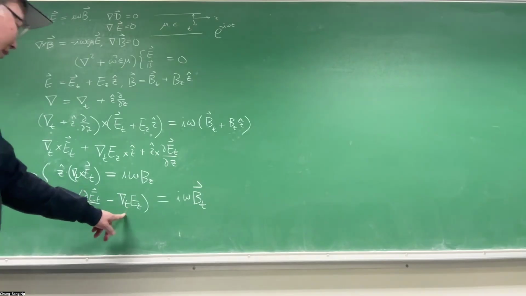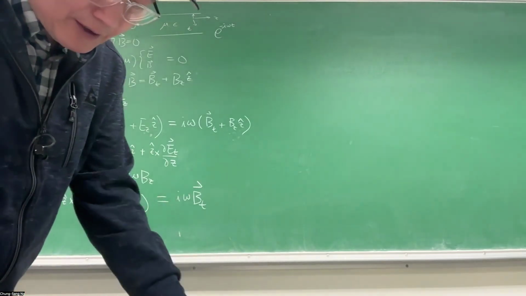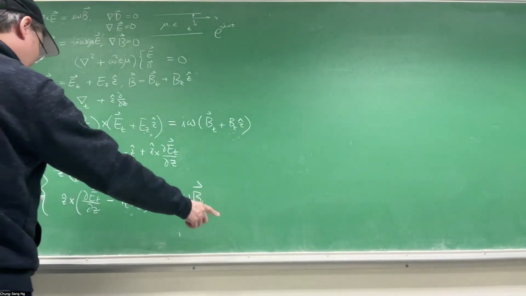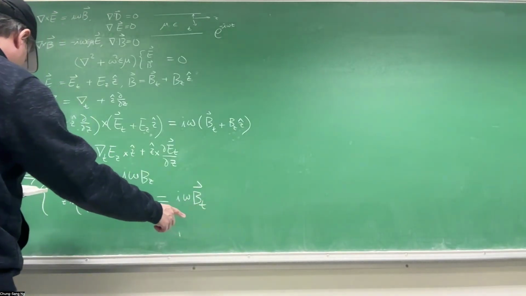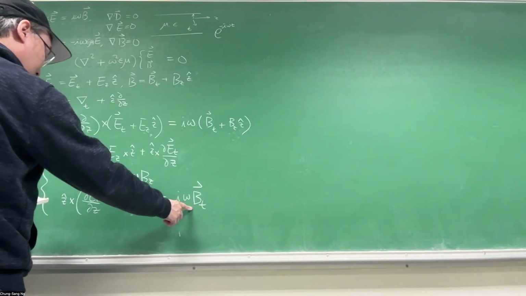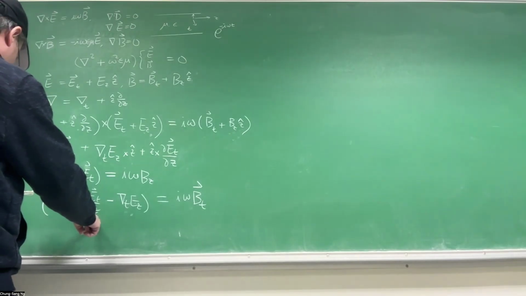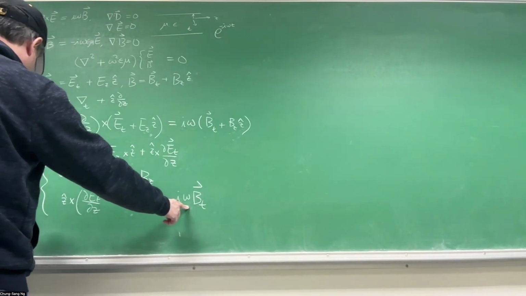I mean, it doesn't have to be, but just for Jackson, what Jackson did was you want to move this to the other side, and then this one is moving to the left hand side. This one is i omega B_t.